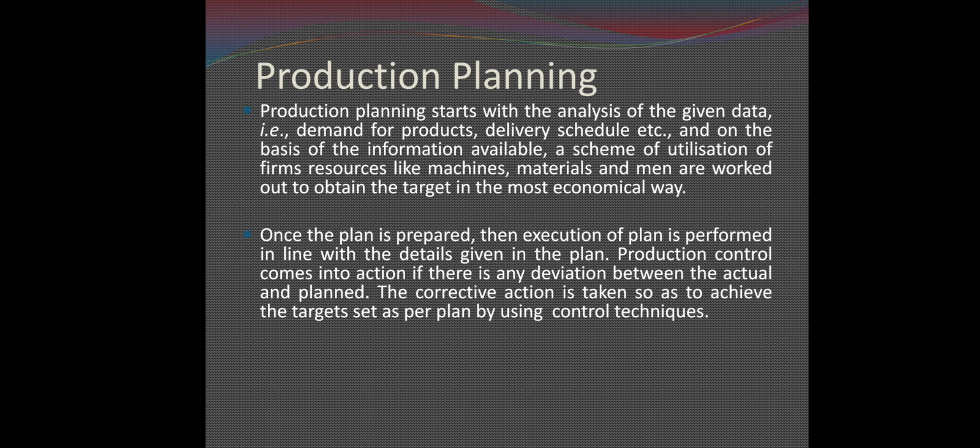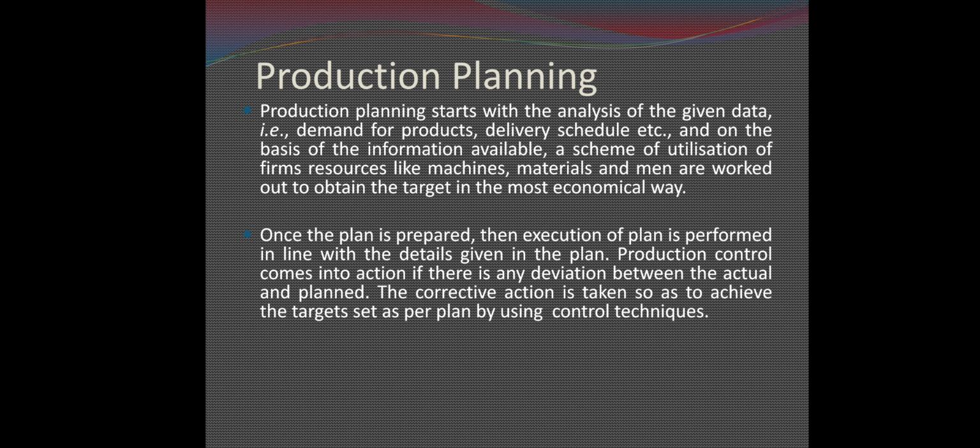The next point is production planning. I think it is clear what is meant by production and production management. In short, production means conversion of inputs into outputs, or conversion of all raw materials and inputs into final products, which may be goods or services. Now, production planning.